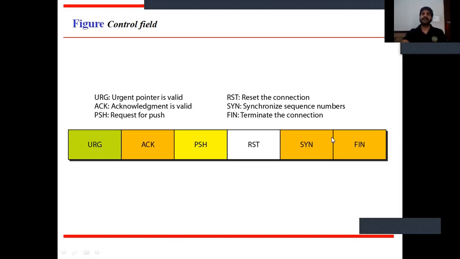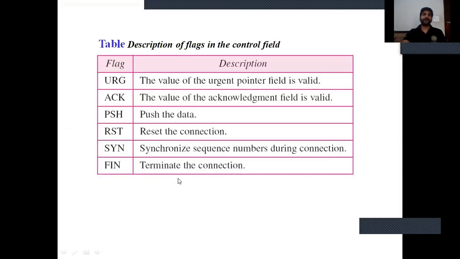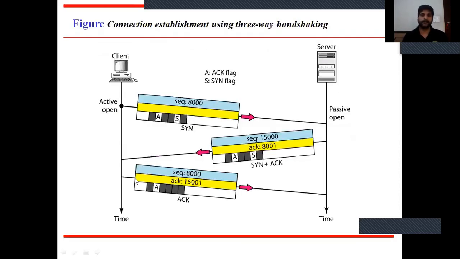These are the different types of control flags used in TCP. In the description of the flags, URG means the value in the urgent pointer field is valid, ACK is acknowledgement, PSH pushes the data, RST resets the connection, SYN synchronizes sequence numbers during connection, and FIN means terminate the connection.